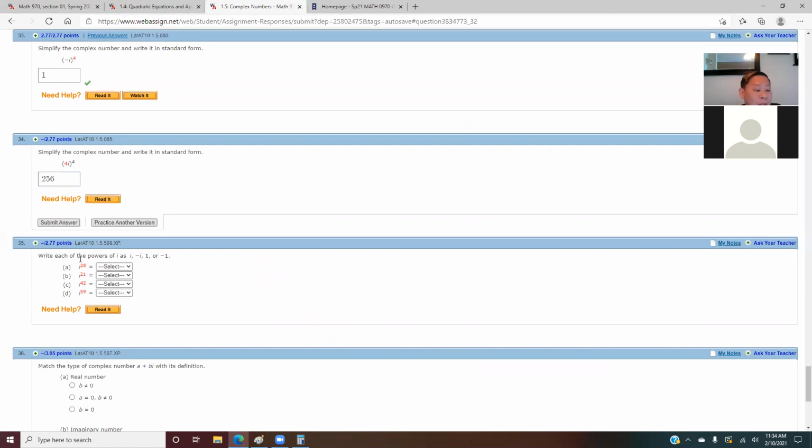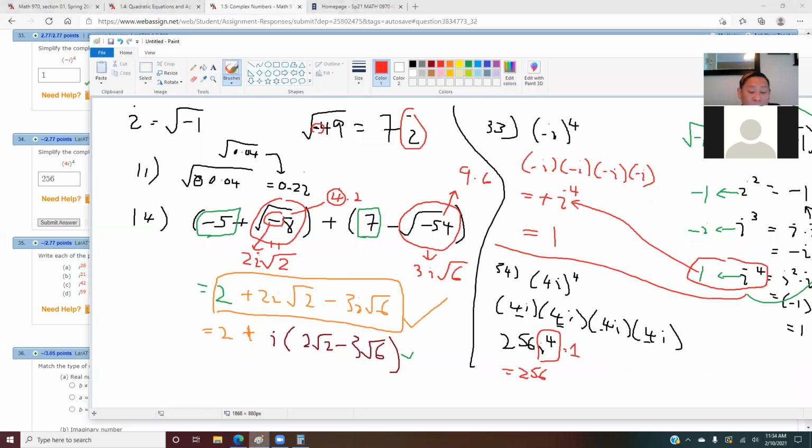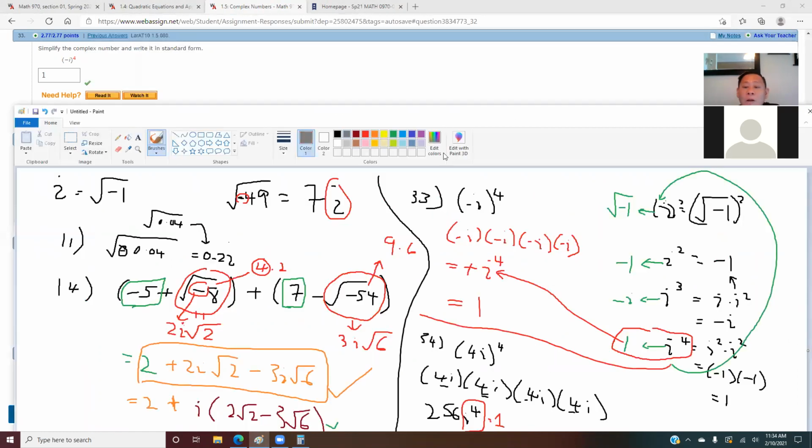Now this one is the same thing as the one I showed you, 35, because you have to loop. But you do not need to loop. You just need to divide the power by 4. So use your calculator and divide the power by 4. If you get 0.25, then your answer will be the square root of negative 1.